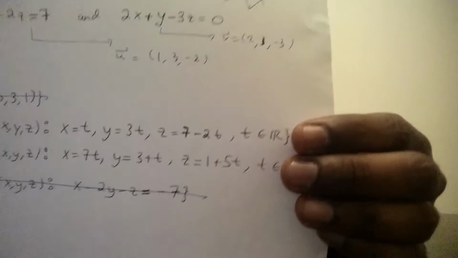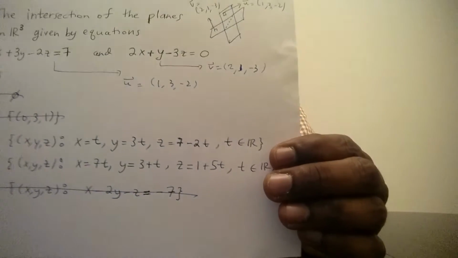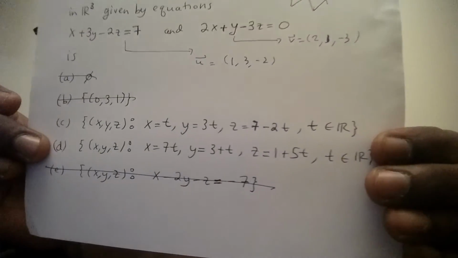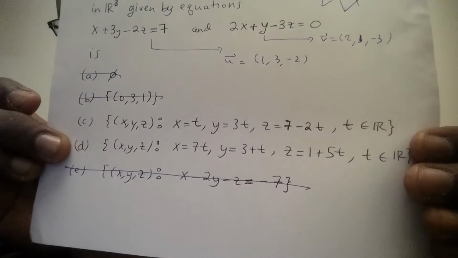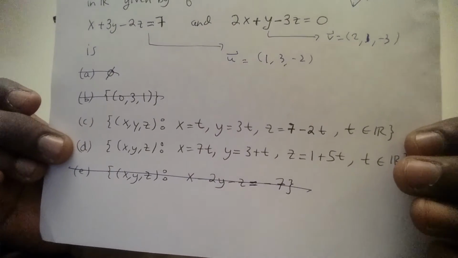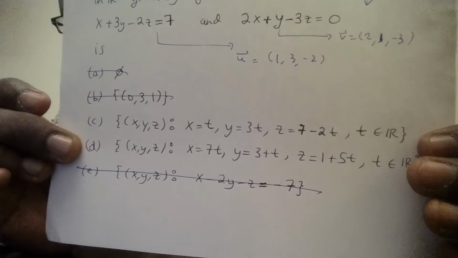Right? If we take a look at our answer choices, we can determine the direction of the line in both cases by looking at the coefficients beside the t's. In the first case, the coefficients are 1, 3, negative 2, and the second case, 7, 1, 5.